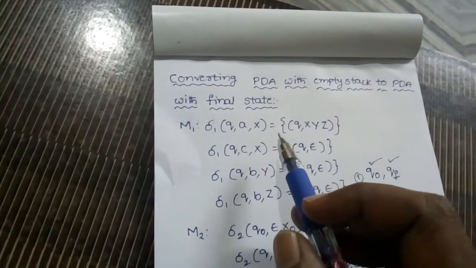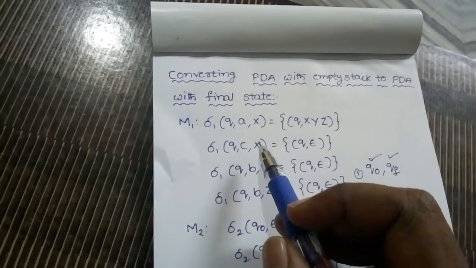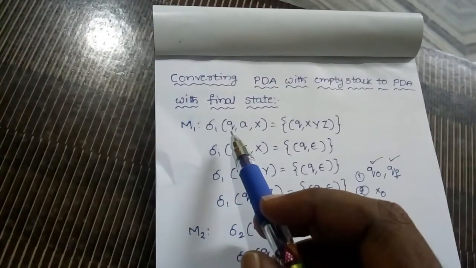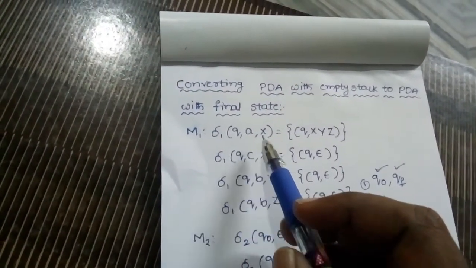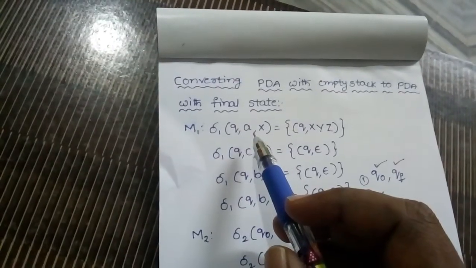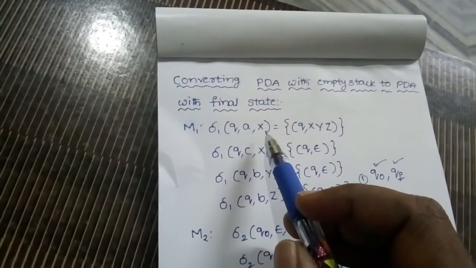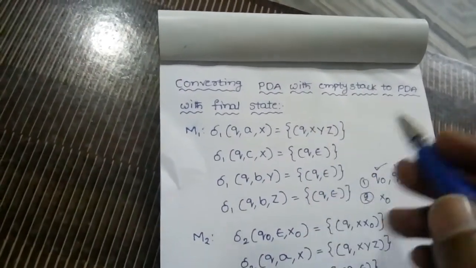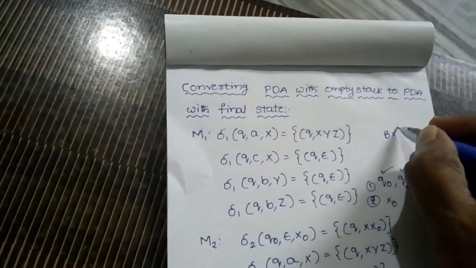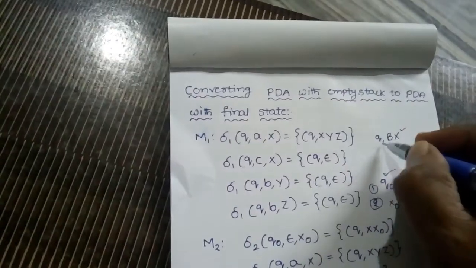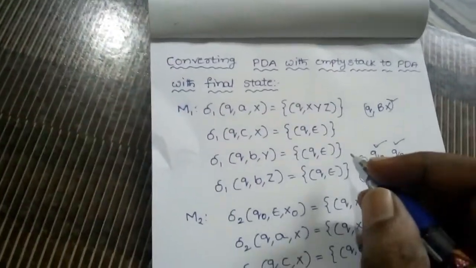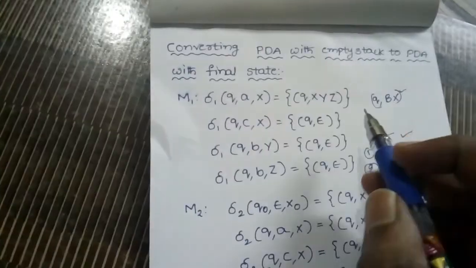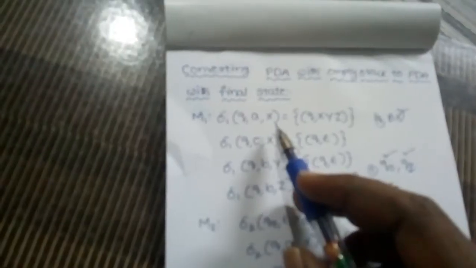Previously in the last classes, whatever we discussed, suppose in the present state Q, if the present input symbol is A and the top of the stack is X, suppose you are adding, let us say, capital B, then in general we write Q comma BX. But here the move is Q comma XYZ.